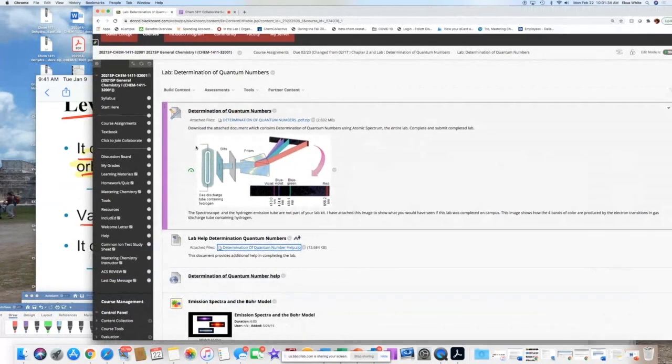So in the lab, what would have happened is you would have seen something like this. We have a spectral tube, and the tube will be releasing light. The gas in here will be hydrogen, and then you'll be asked to see what kind of band lights you see. Remember, this is called the line spectrum. We're not seeing the full spectrum starting from Roy G. Biv, all the way to the end. We're not seeing all the bands blend into each other like a tie-dye.